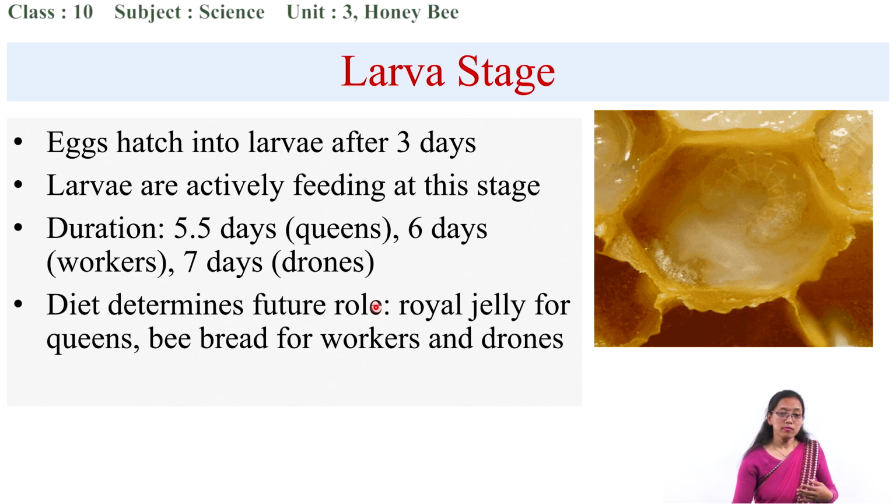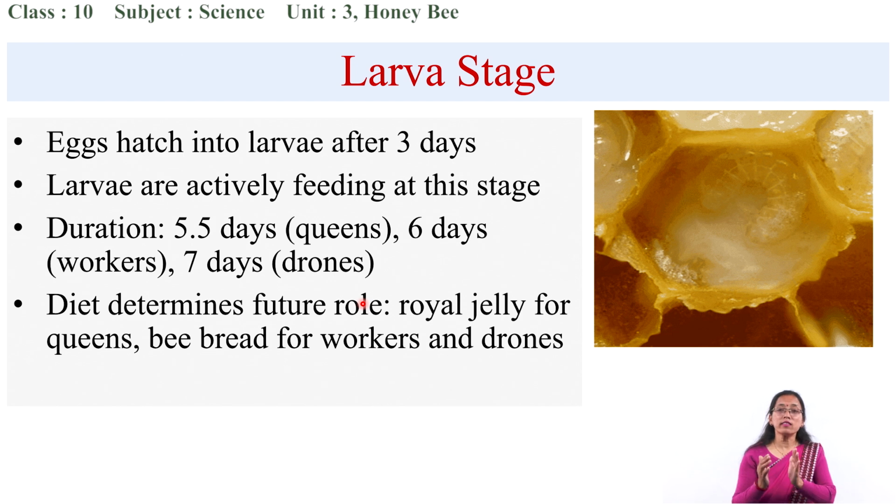If bee bread and honey is fed to the larva after 3 days, then it will become a worker bee or drone bee. If it is a fertilized egg, it will become a worker bee. If it is an unfertilized egg, it will become a drone bee.